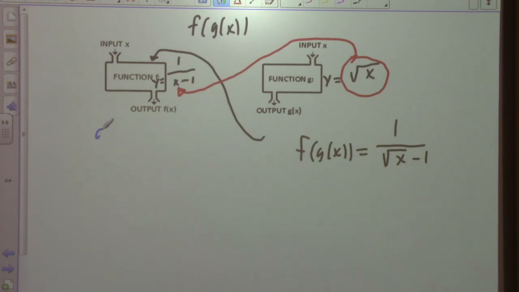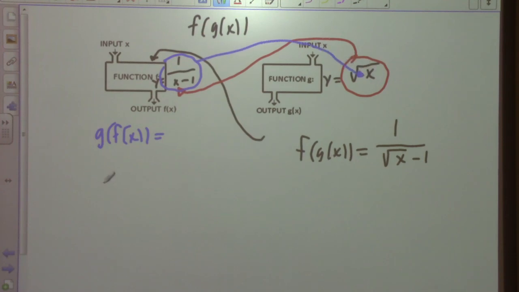Now, g of f of x is going to be what? Well, we take this f of x function and place it where? Inside this, right? So we're going to take this thing right here and go over here and replace that x.